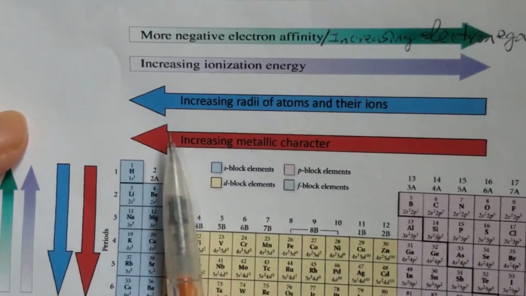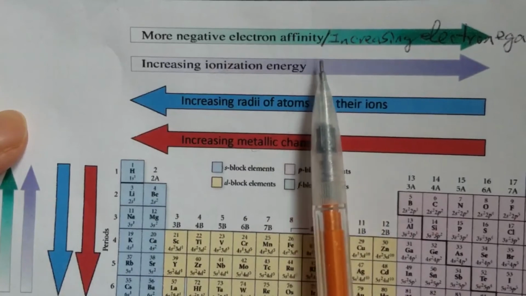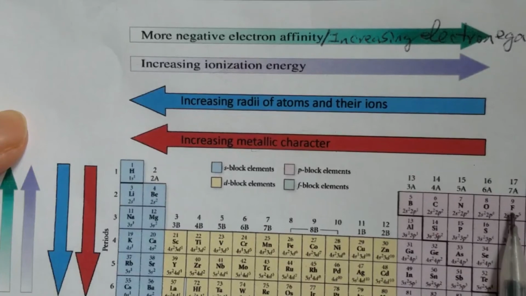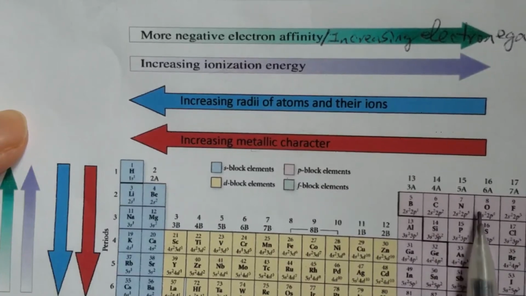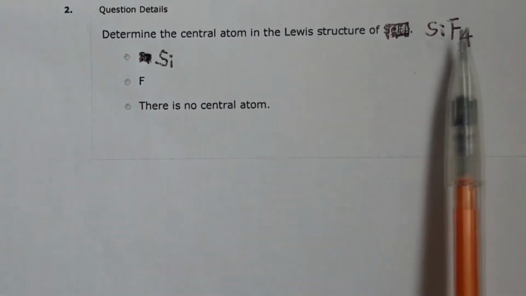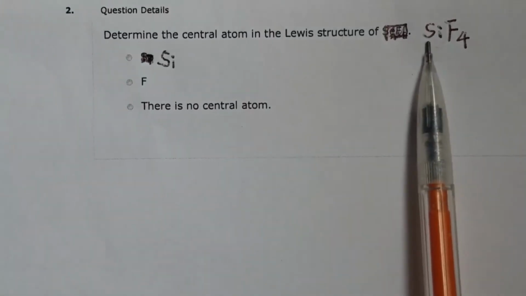And what's the trend for electronegativity? Electronegativity increases from left to right. So therefore, silicon is less electronegative than fluorine. Now, using all the information we just discussed, we can determine the central atom is silicon in this problem.